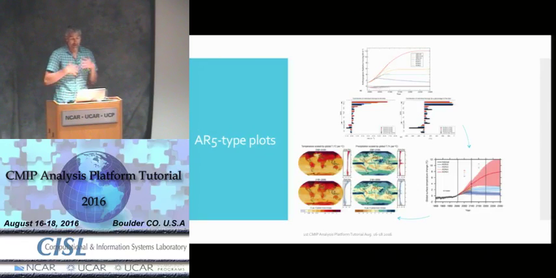So as a starting point, the most typical example that we have of multi-model analysis is the IPCC AR5 type plots. Right? So this is where you end up, and you probably don't see it, but there is stippling here.